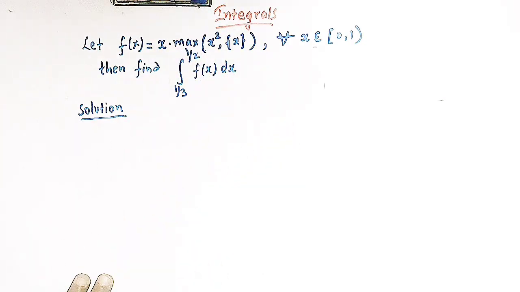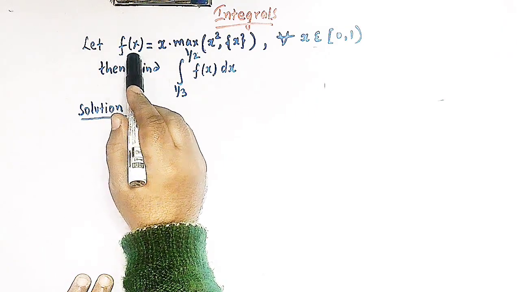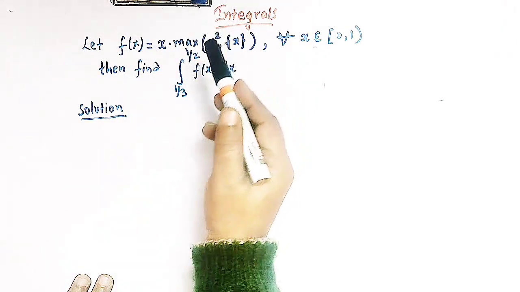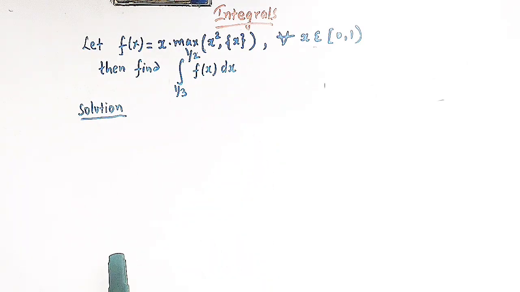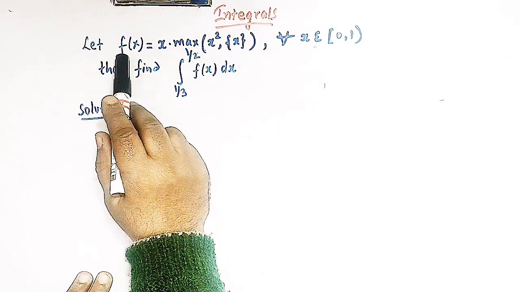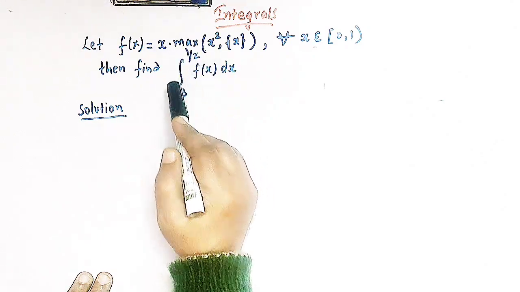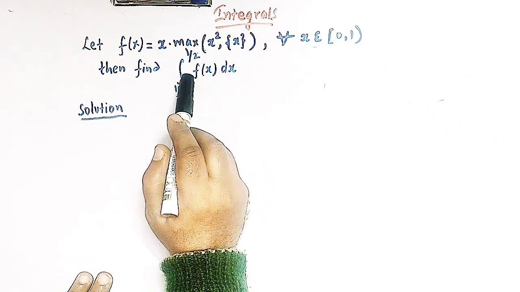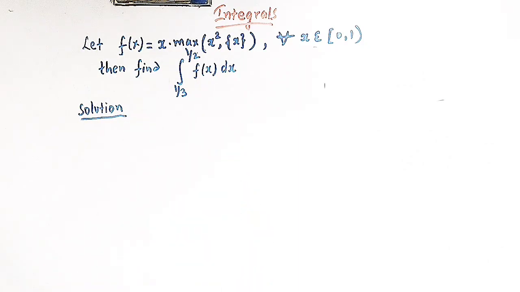So we have to first modify this function f of x using the expression for maximum of two quantities, say a and b. So once we modify the function f of x, then we can easily find out the value of this definite integral. So let us start.